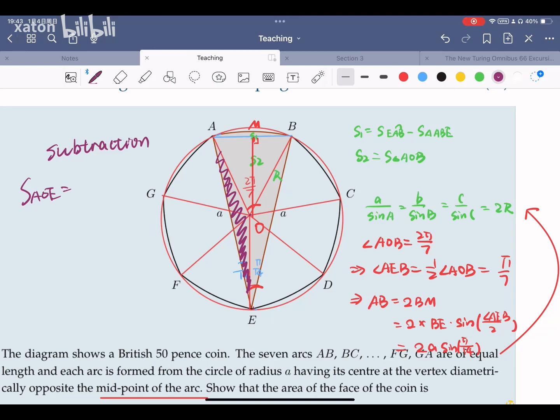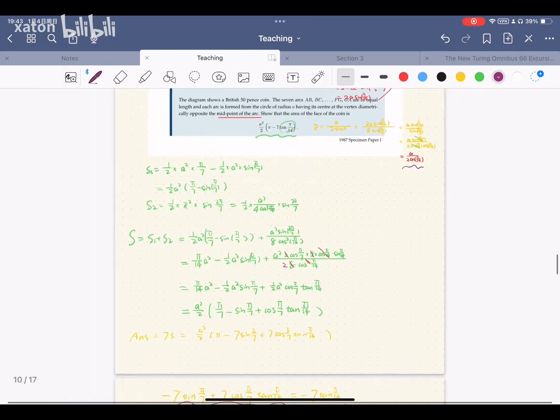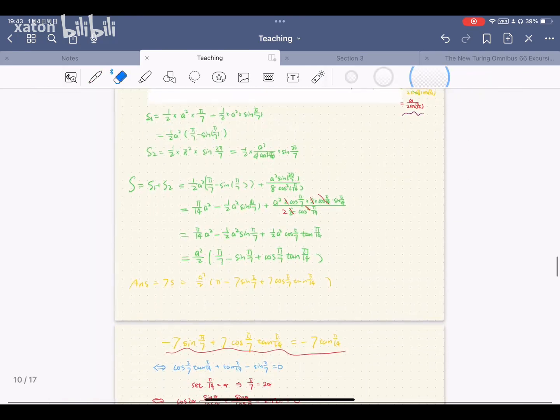And actually the area of triangle AOE is quite easy to find out because AE or AB is known as A, and the height, which is a perpendicular distance from O to B, can be found out by just tangent. Like the height is just literally something like half A times tangent or something like that. And this will be very close to the final answer.